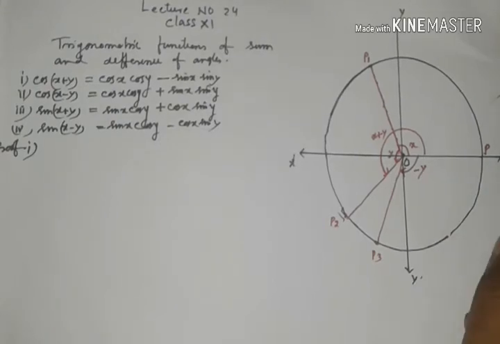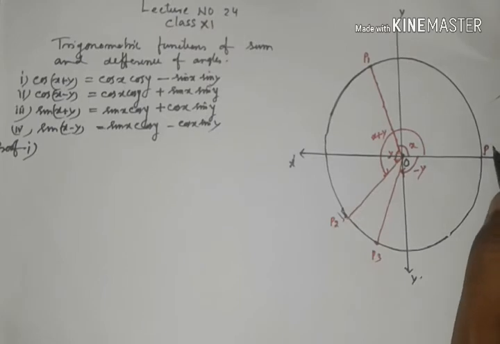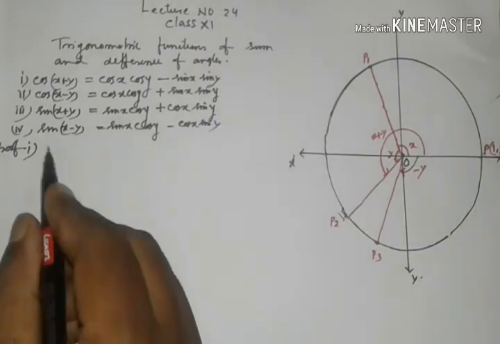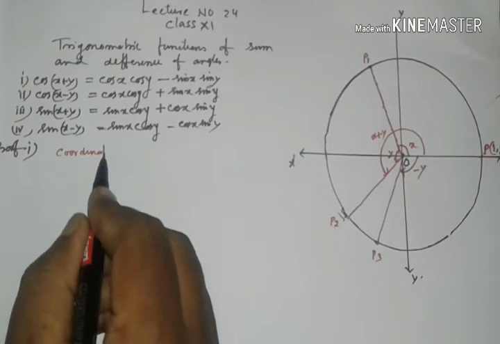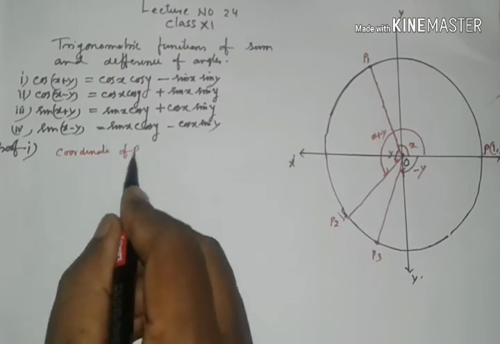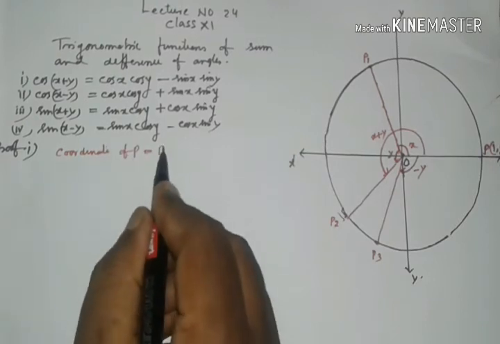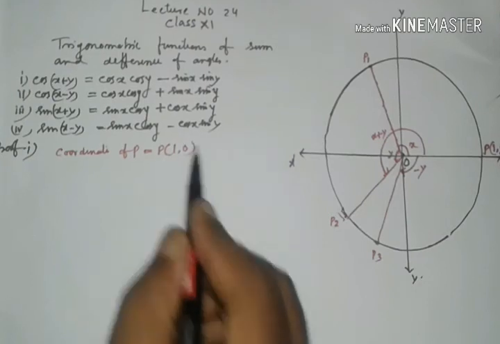Now, since it is a unit circle, the coordinate of P will be (1, 0).